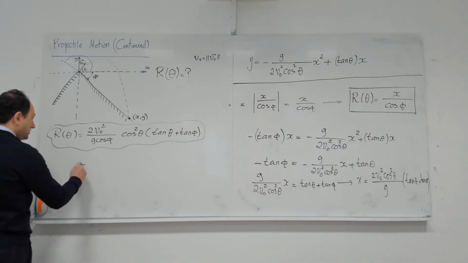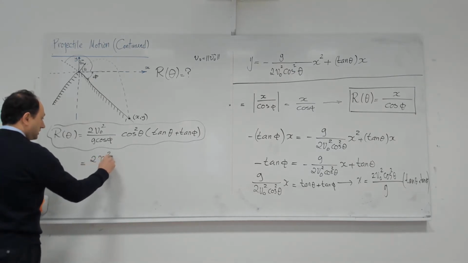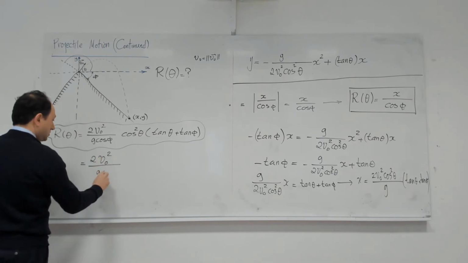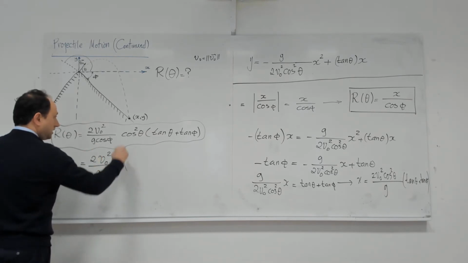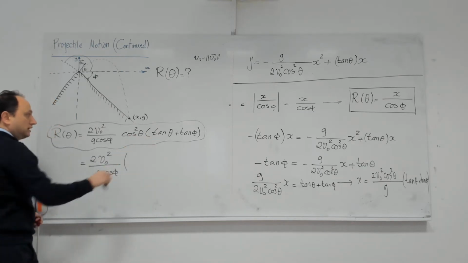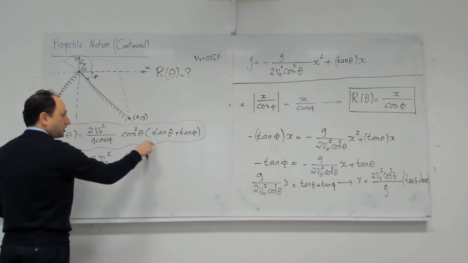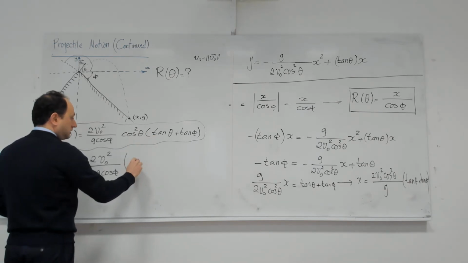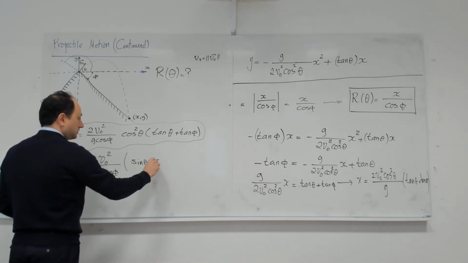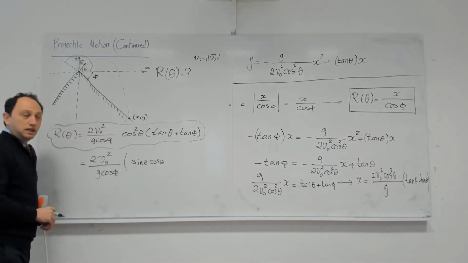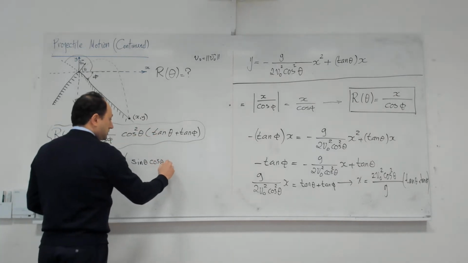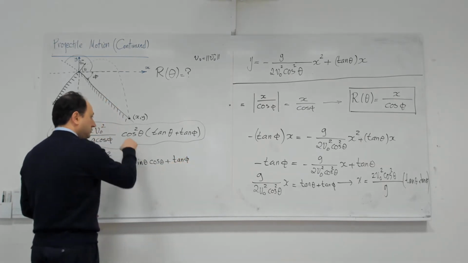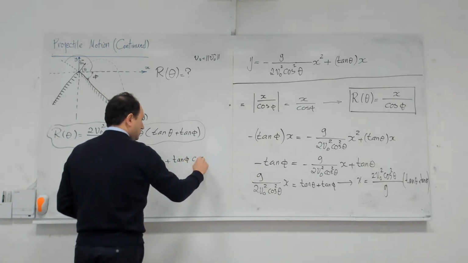So I will continue and write 2v naught squared over g cosine phi. And then I multiplied this. In your head, tangent is sine over cosine. One cosine will cancel one of these cosines. It becomes sine theta cosine theta, yes? And then I multiply there, it becomes tangent phi. I put constants on the left usually, and then cosine squared theta.